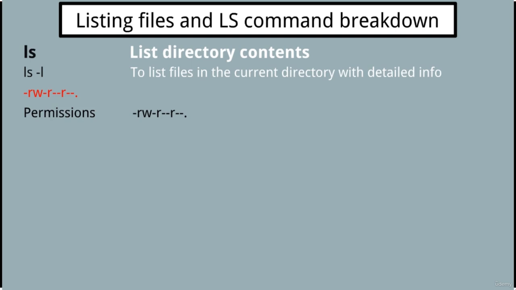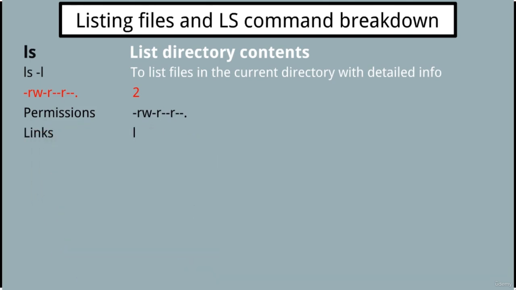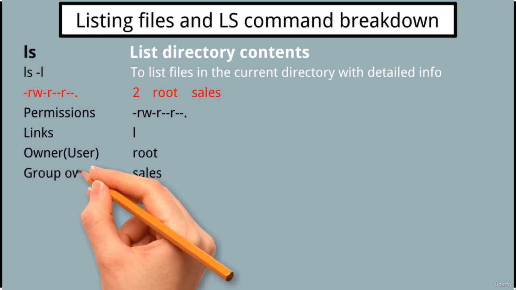Next one, if you see right on top, it's the number two, and it stands for the links. The third column is where it says root. That's the owner, which is the user owner of that particular file. Next column is the group owner. In this case, it says sales, and that's the group owner.